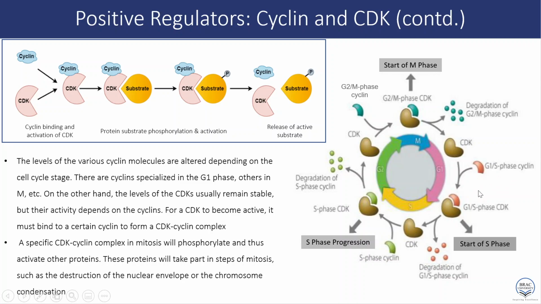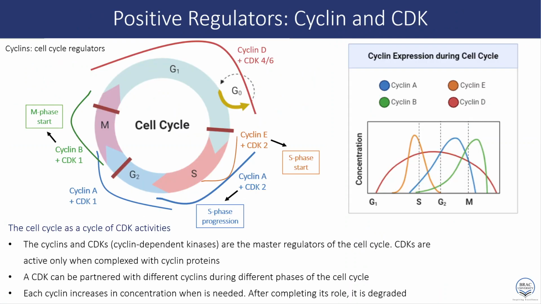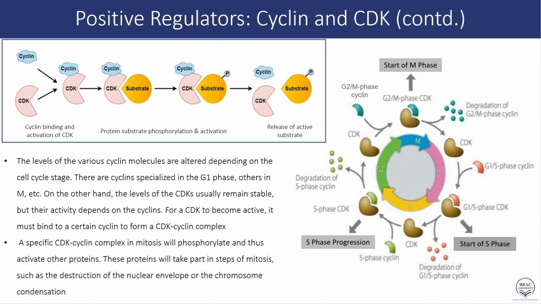What is the specific cyclin for the G1/S phase? I guess cyclin A or E. Sorry, so cyclin D. So the G1/S phase specific cyclins are cyclin D and cyclin E. Actually, those are the two specific cyclins for this phase.